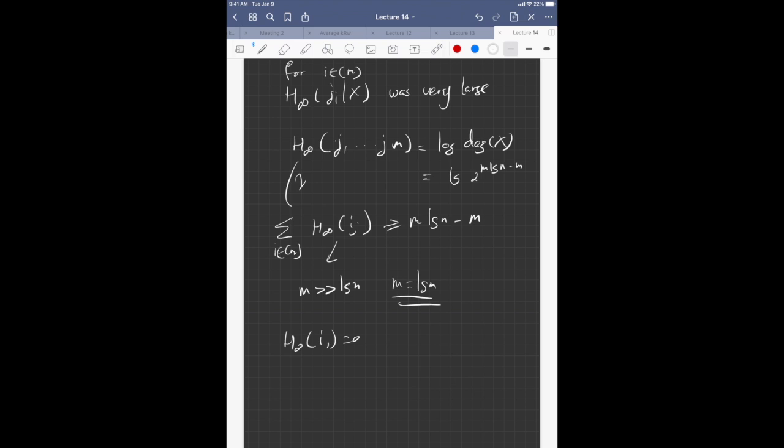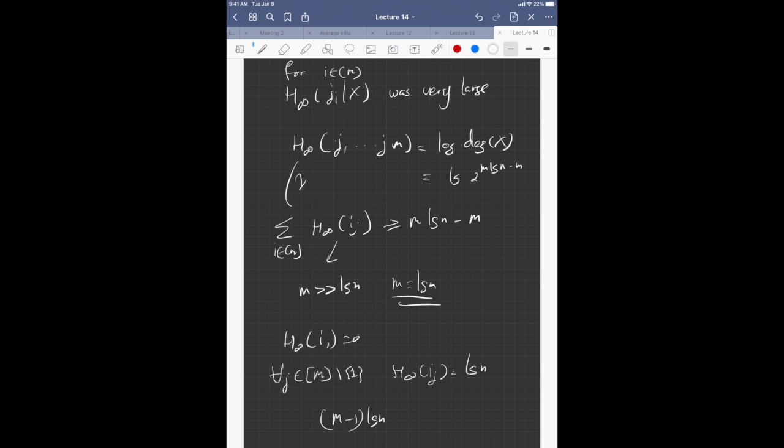So for all j in m minus 1, so every row other than the first row, it is possible that they have the maximum possible mean entropy, which is log n. So it is possible that the sum can be as large as m minus 1 times log n.